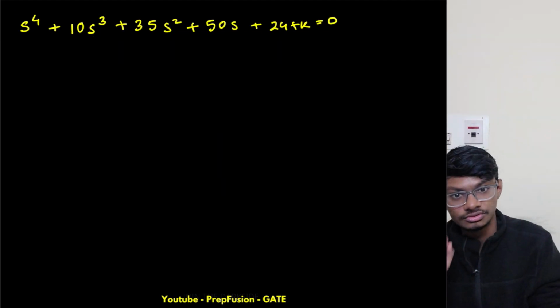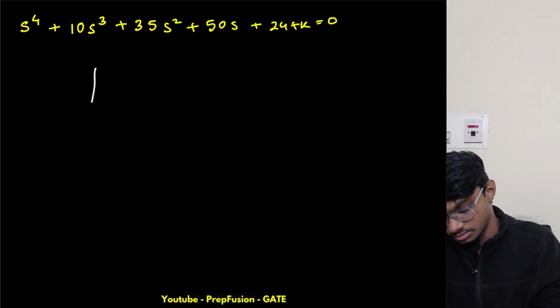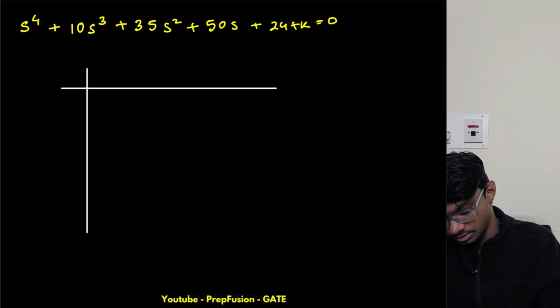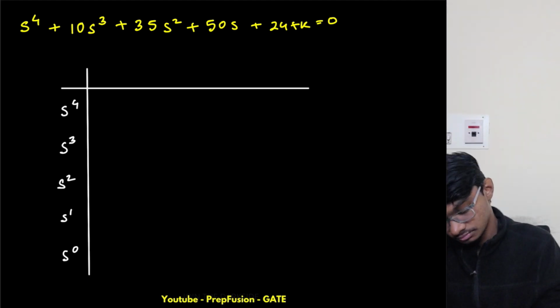So how to solve this using the RH table? Let me first write the table here. So this will be s to the power 4, s cube, down to s to the power 0.